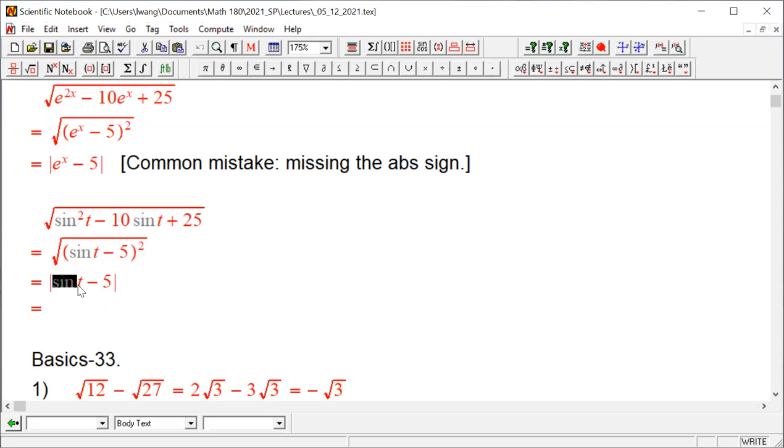We know that sine of anything, we know the range of sine. So sine t minus 5 is always negative. We don't care what t is because this is true for any real number.